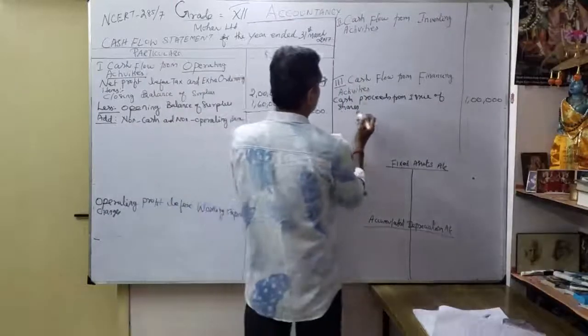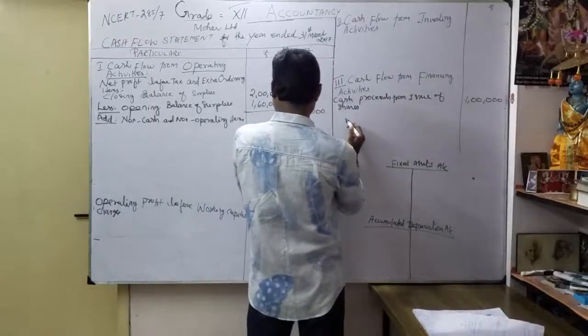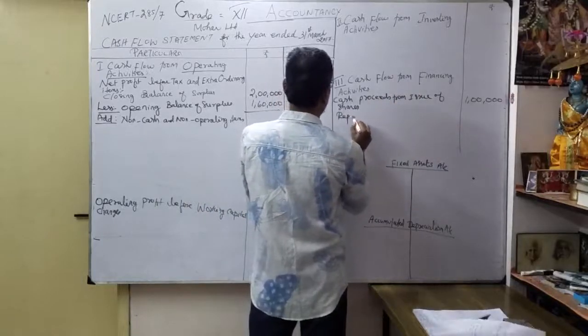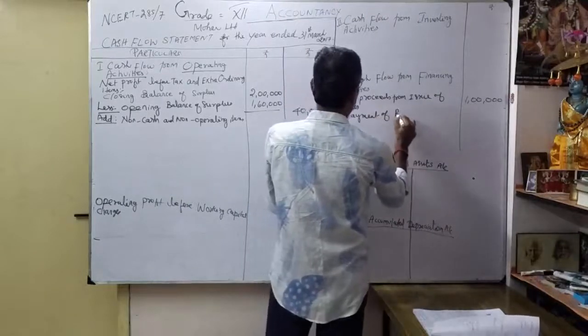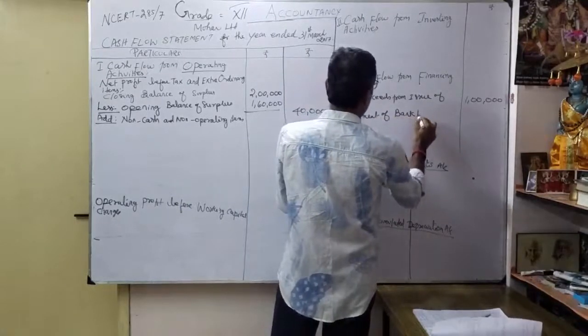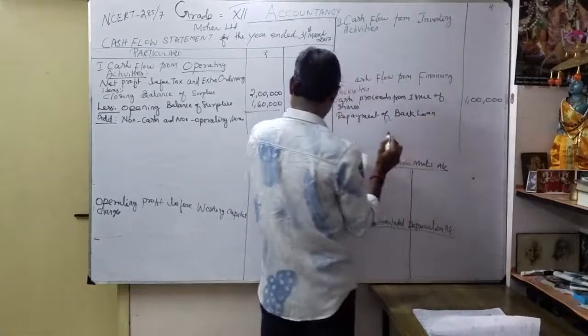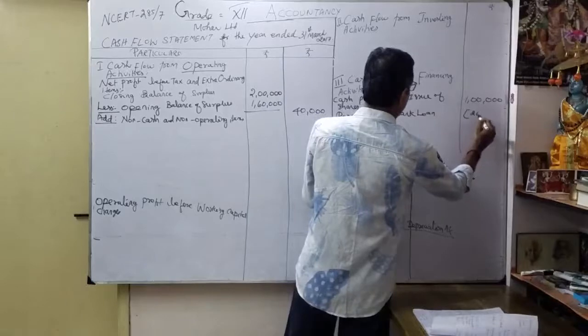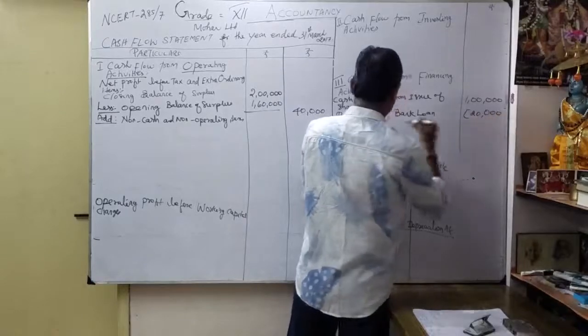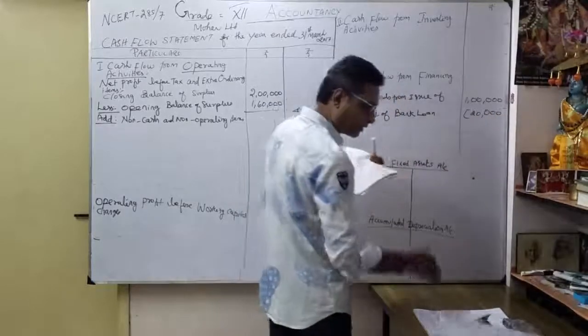Where do you write it? Under financing activities. How to write it? Repayment is a cash outflow, so repayment of bank loan, 20,000, within the bracket. Be very careful.